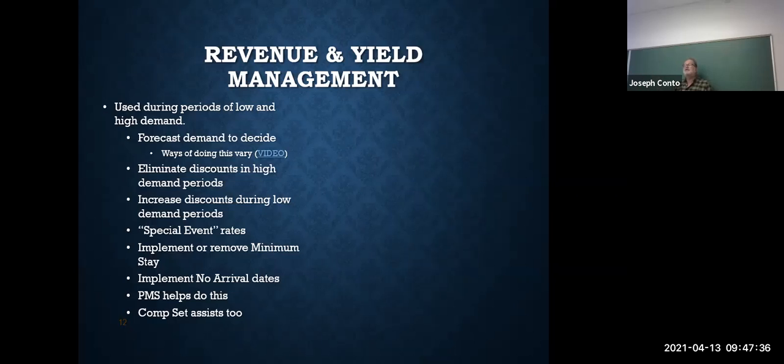So I can afford to mess with my RevPAR a little bit because I know they're going to be spending in other parts of the hotel. Different hotels, different places have different business models based on their form of RevPAR.